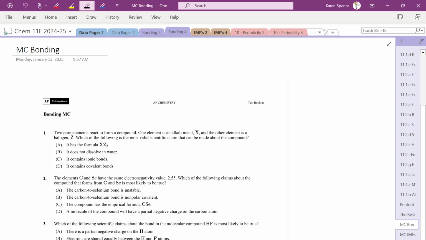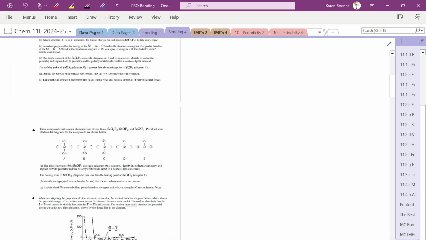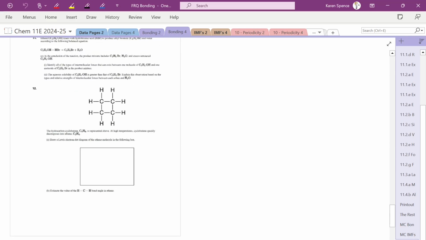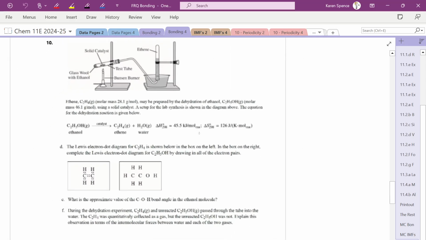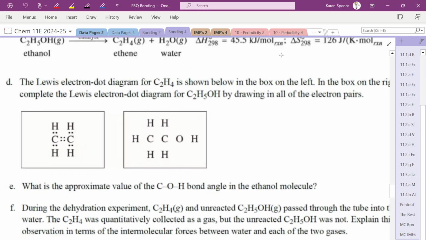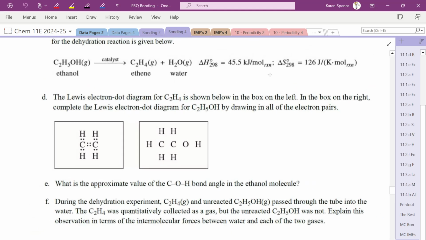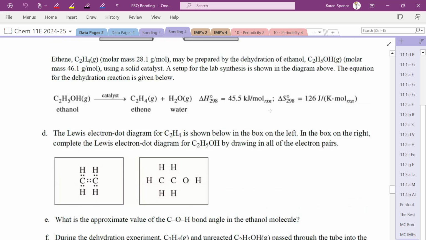Okay. Free response bonding number 10F. Okay, so we've got ethene during the dehydration process, C2H4, and the unreacted C2H5OH pass through the tube into the water.